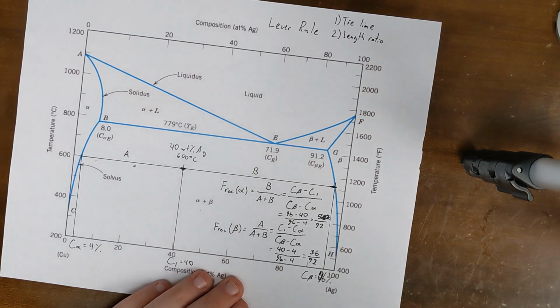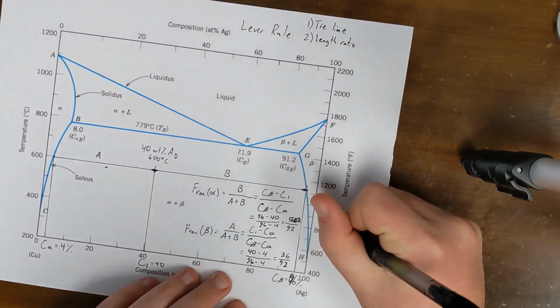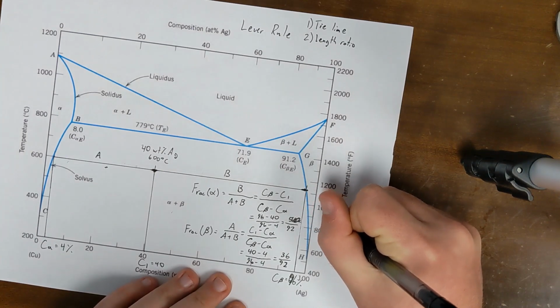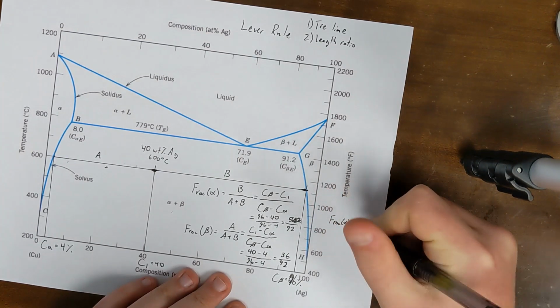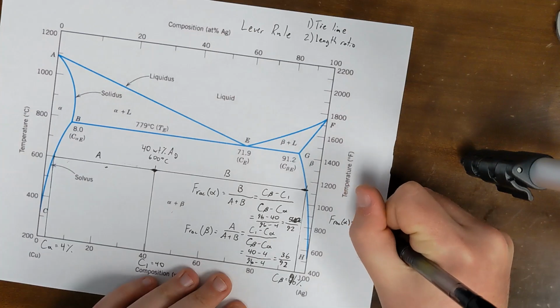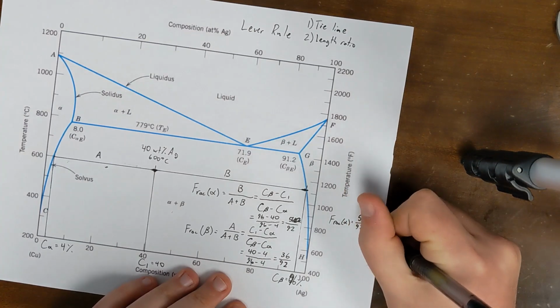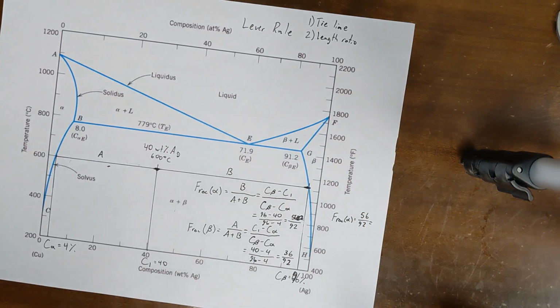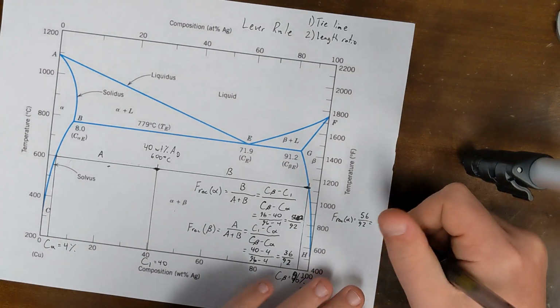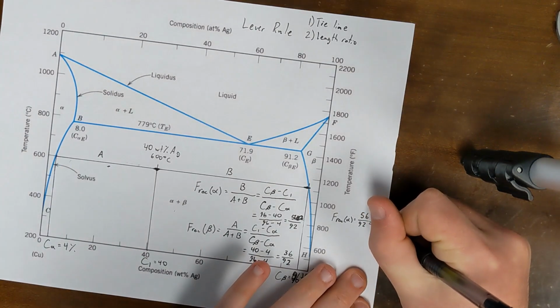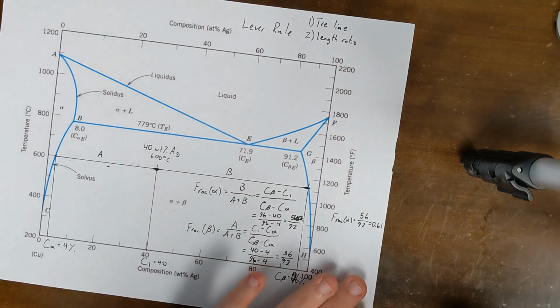Okay, so our fraction of alpha is 56 over 92, which I have a calculator here. 56 divided by 92 is about 0.61, right?